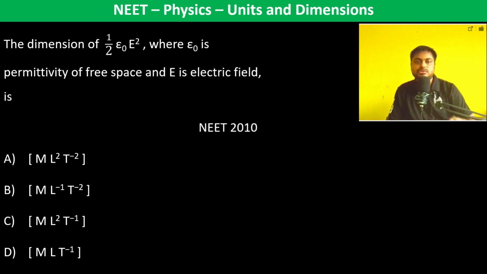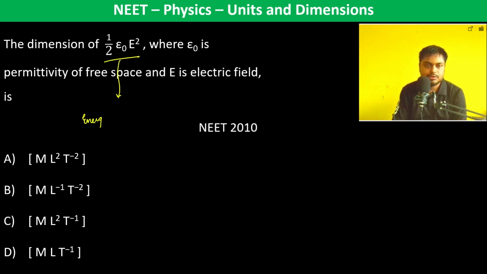The dimensions of half epsilon naught E square. So this is basically the energy per unit volume in an electric field. Okay, so this is energy per unit volume.